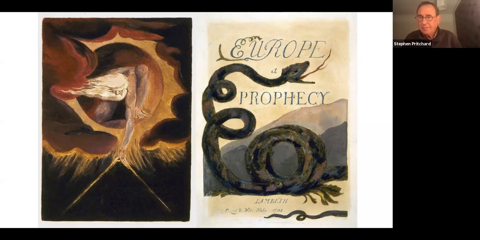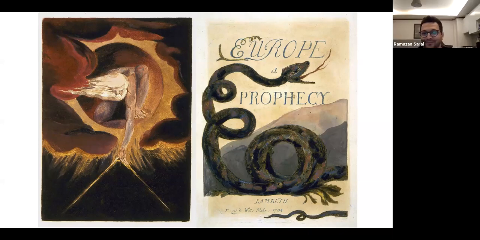Ramazan? Yeah, I was going to talk about thought changed the infinite into a serpent, because Blake here is criticizing the idea of the Ouroboros, the snake that bites its own tail, because you are constricting it again. He believes the infinite to be infinite, but people think of it as a circle which goes on and on.